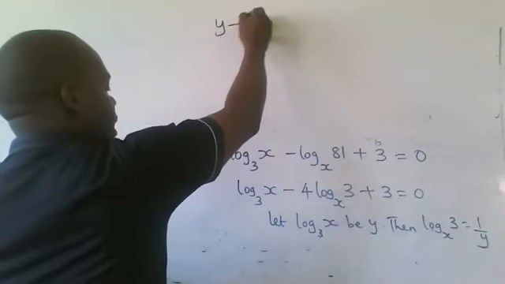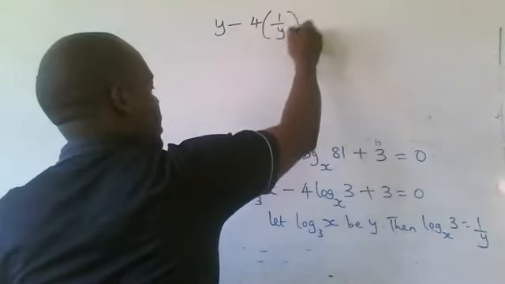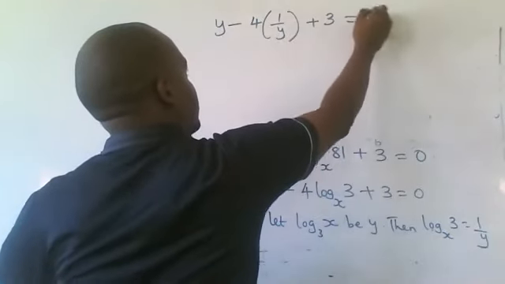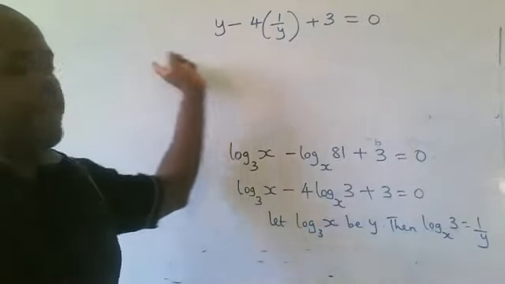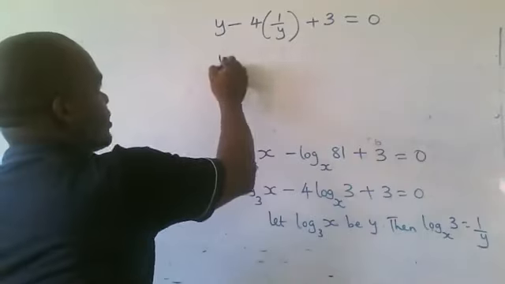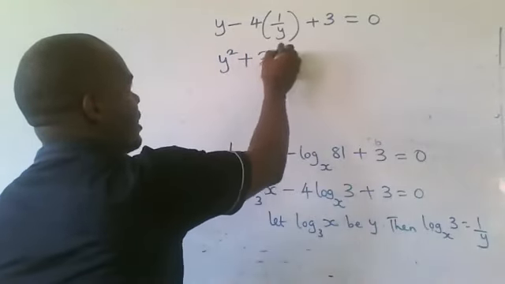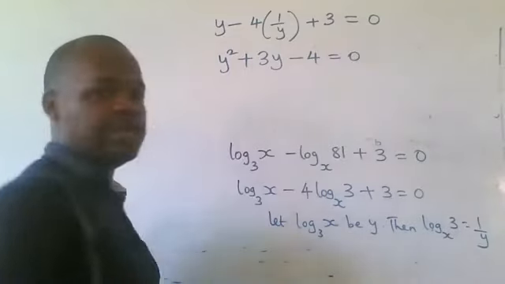Then you write y minus 4 into 1 over y plus 3 is equal to 0. Multiply through by y, and you get y squared plus 3y minus 4 is equal to 0.